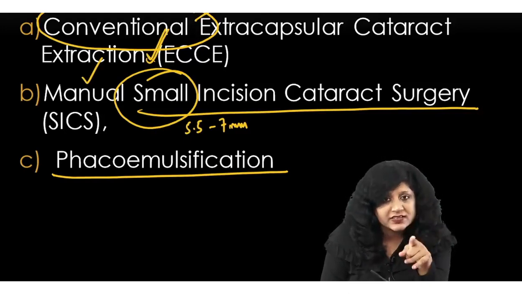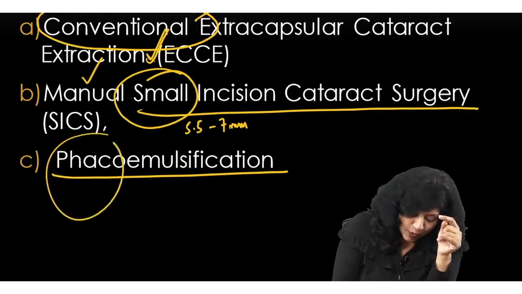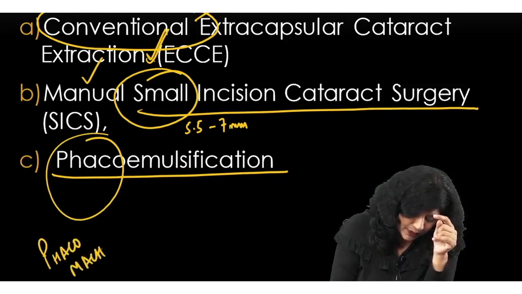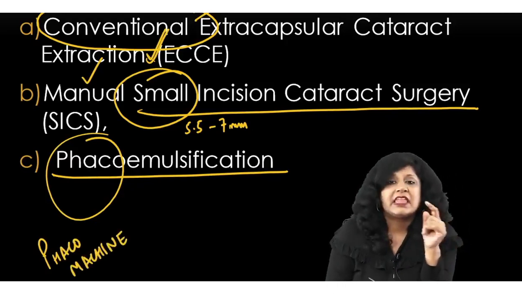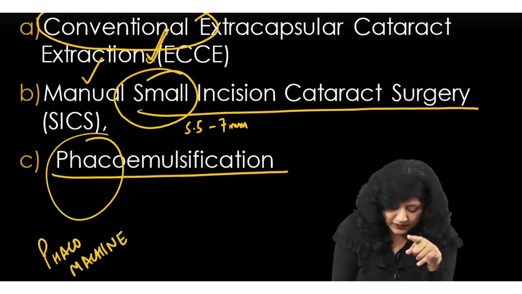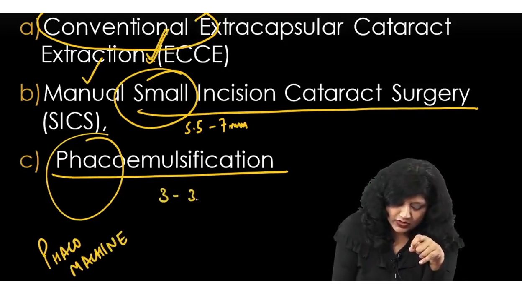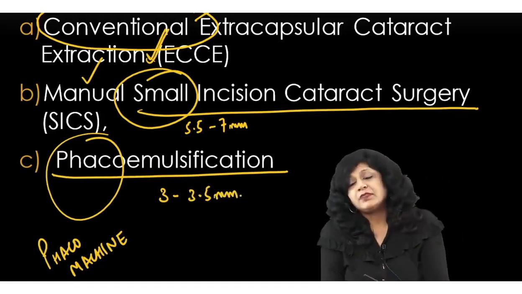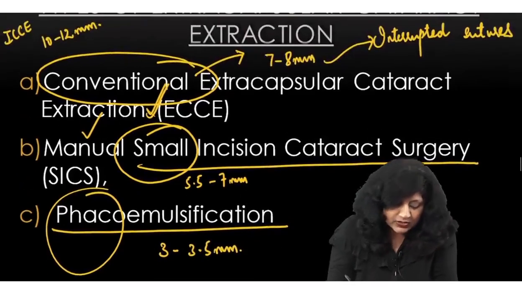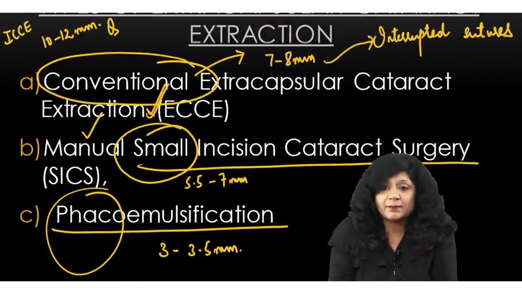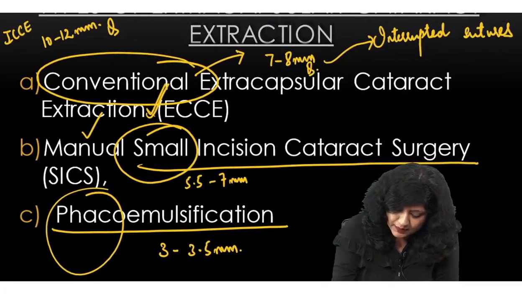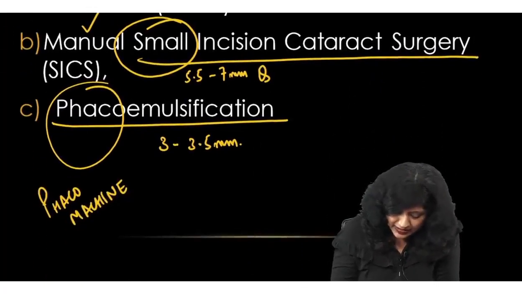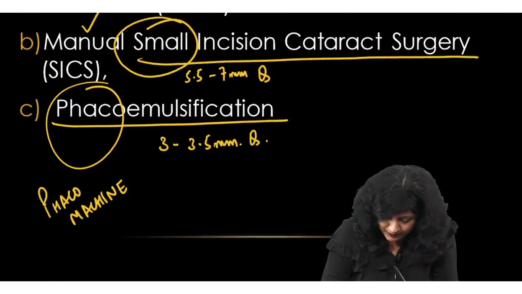When I am doing small incision surgery with the help of a phaco machine, then it is called phacoemulsification, using an incision of 3 to 3.5 mm. So, these incision sizes are again important. ICCE 10 to 12 mm, then here we have 7 to 8 mm, this is your 5.5 to 7 mm, and here we have 3 to 3.5 mm.